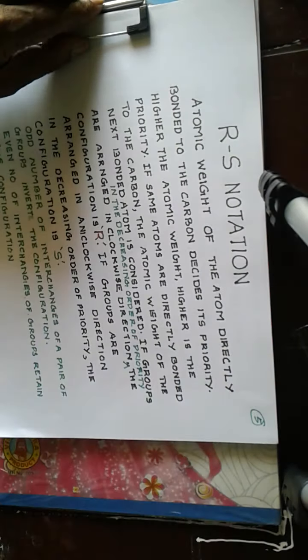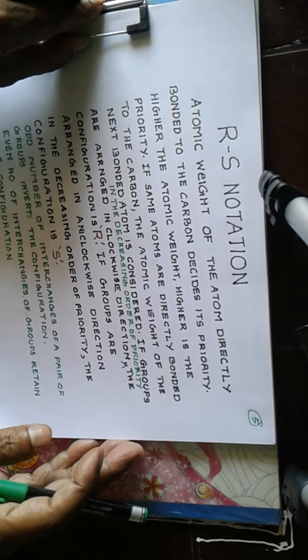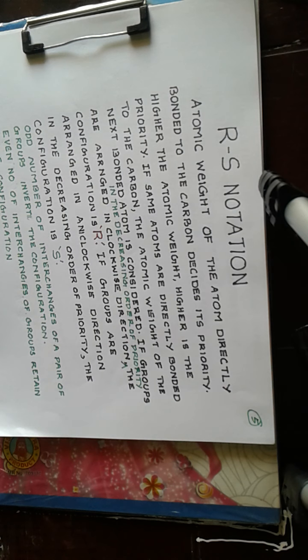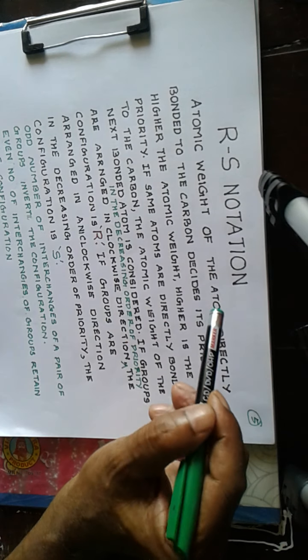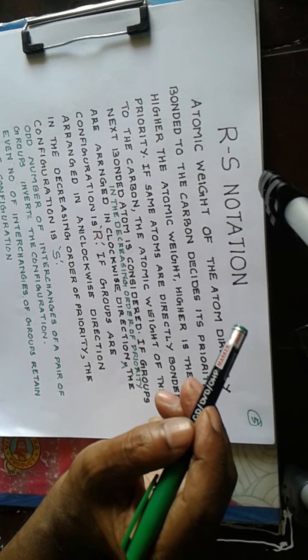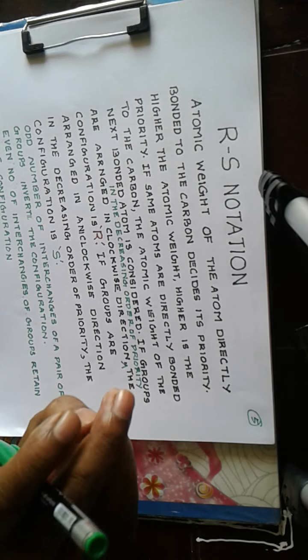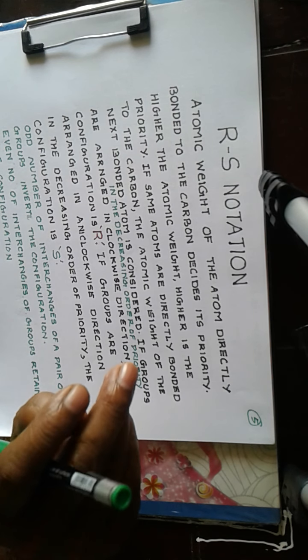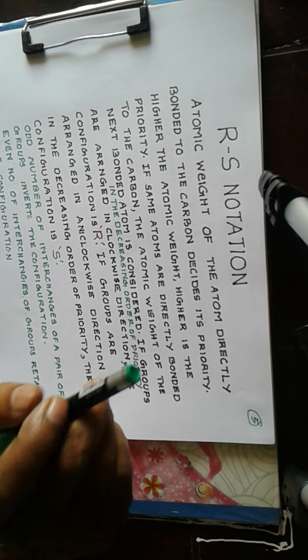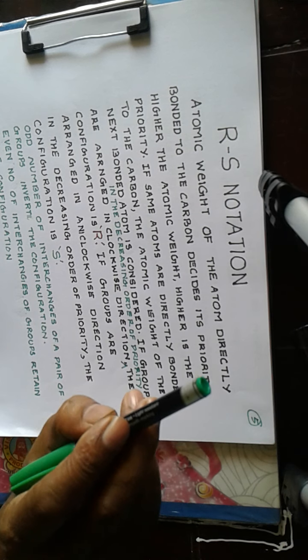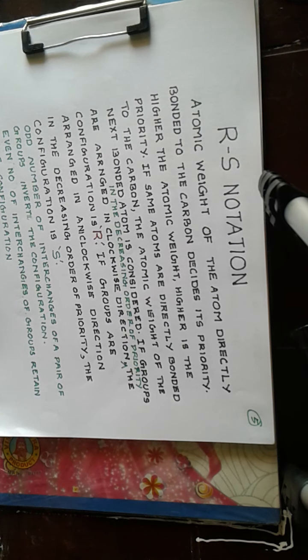Now coming to another method for assigning configuration, that is RS notation. In RS notation, the various groups around a carbon atom are arranged in increasing or decreasing order of priority. Now to assign priority to a group around a carbon, we consider the atomic weight of the group.